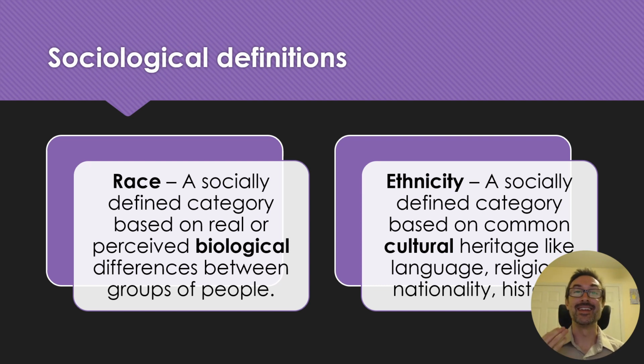For example, in 1967, when Loving v. Virginia overturned the one-drop rule in the Supreme Court and legalized interracial marriage, 3% of new marriages were interracial. By 2010, it was 15.1%, and by 2019, 19% of new marriages in the United States were interracial.